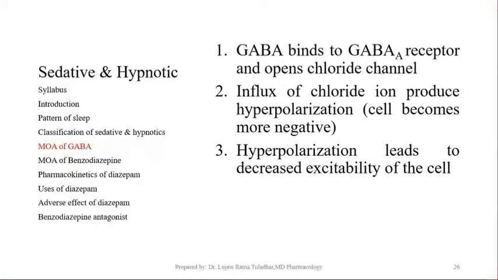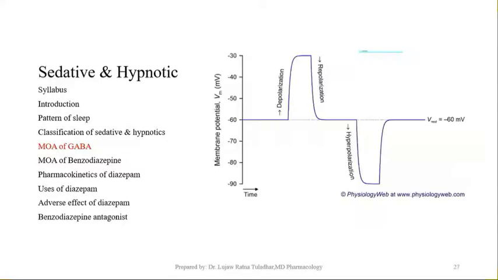When chloride enters, the cell becomes very negative. That is called hyperpolarization, and once hyperpolarization is established, the cell will not be able to get excited. So this is what hyperpolarization means. With the influx of chloride ions, the cell becomes more negative, so if there is any stimulation at this point, the cell will not be able to depolarize.